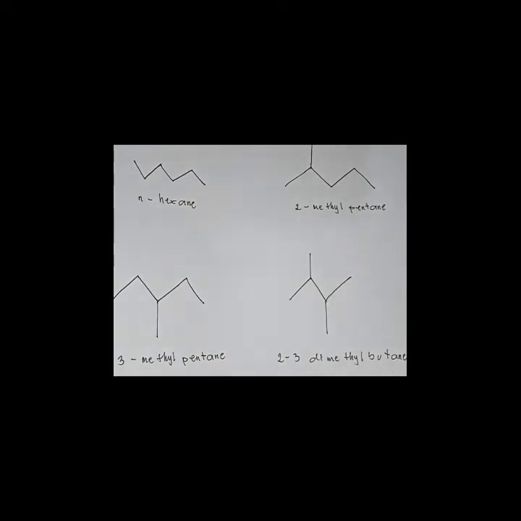For the fourth structure we have butane. It is called butane because it only has 4 carbon atoms, and 2,3-dimethyl because the 2 carbon atom and 3 carbon atom each have a methyl, so that is called 2,3-dimethylbutane.